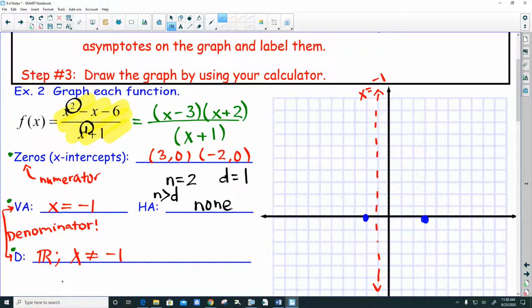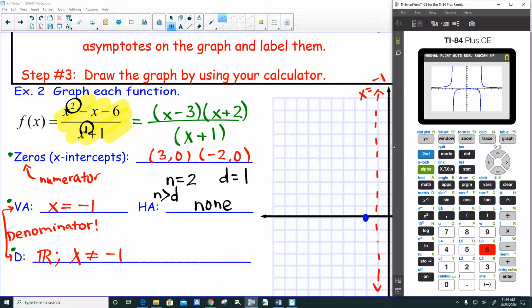Okay, once all the asymptotes and the zeros are placed on your graph and you've answered all the blanks, you're now just going to go to the calculator and you're going to type the original problem into the calculator again, putting all the numerator in one set of parentheses, and then dividing that by the denominator all in one set of parentheses.